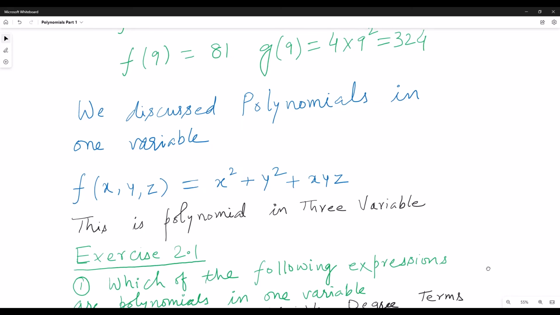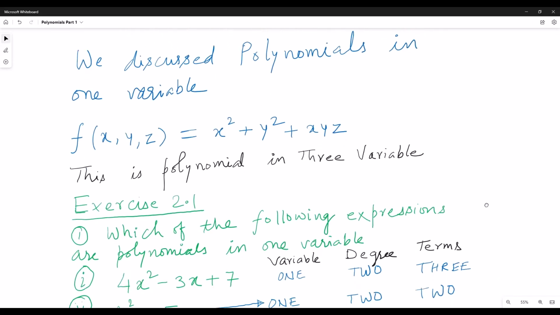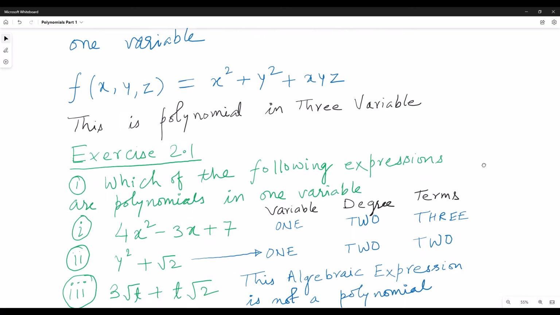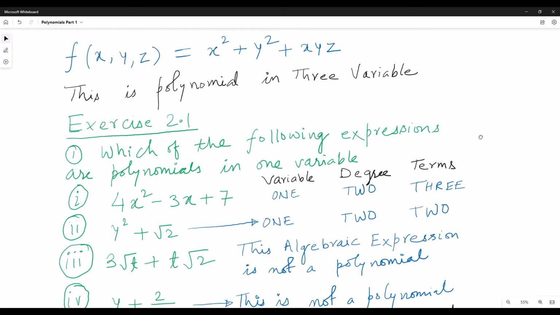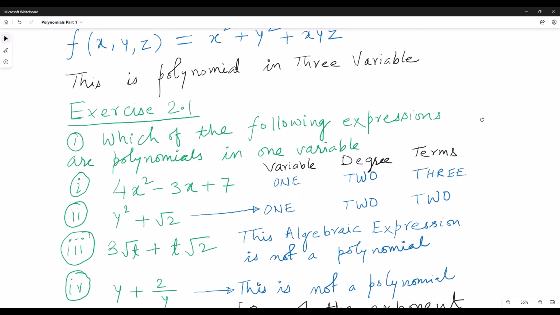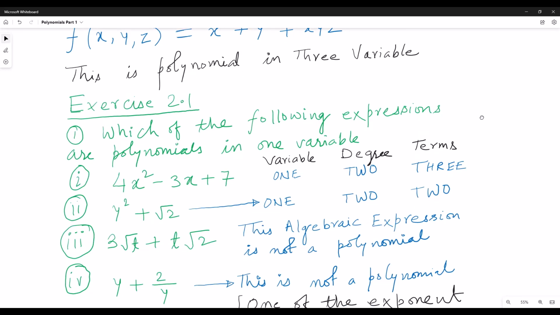So for this exercise, first you do it and then come back again. Which of the following expressions are polynomials in one variable? The variable in the first expression is only x: 4x square minus 3x plus 7.